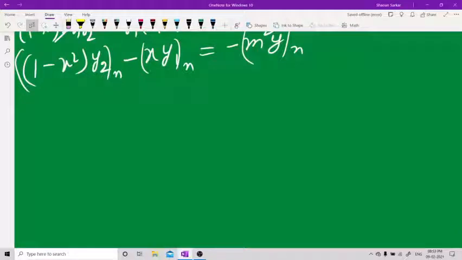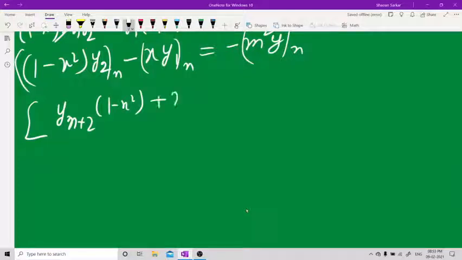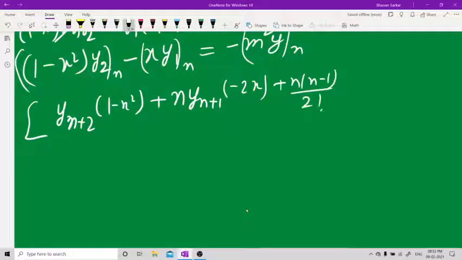Now, as usual, nC0, as it is, nC0 is 1, y(n+2), 1 minus x square, plus nC1 is n, y(n+1), 1 will decrease, and this will be minus 2x. Again, n into n minus 1 upon 2 factorial, yn, and from here it will be minus 2, end of this bracket.